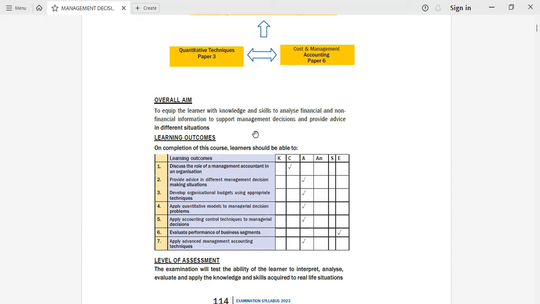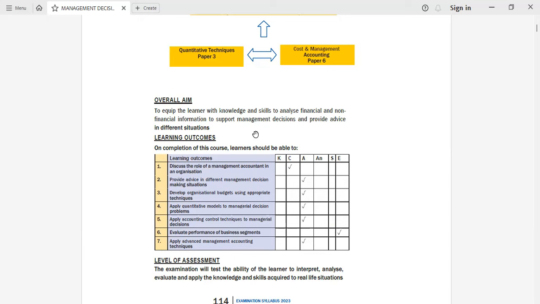There are 7. The good thing with the institute is that some of these learning outcomes are even printed before you embark on a given course. They give you the syllabus.